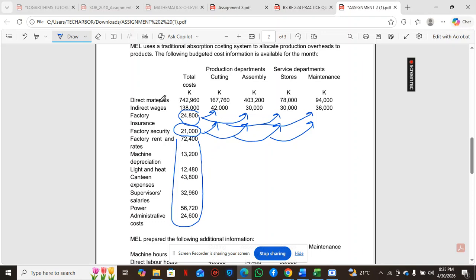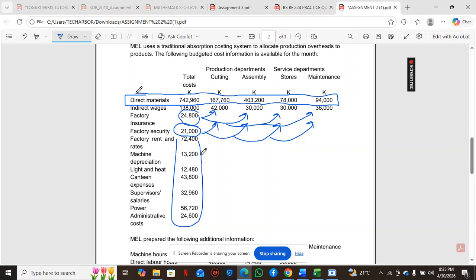Now, you're only dealing with overheads, indirect costs. So these direct materials, do not include them in our apportionment sheet. Do not include these direct costs. We're only dealing with overheads, which are indirect costs, so direct materials should be ignored.